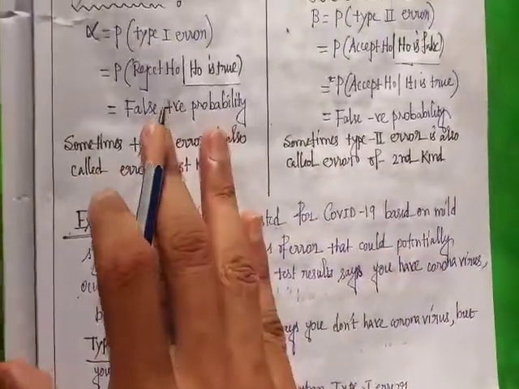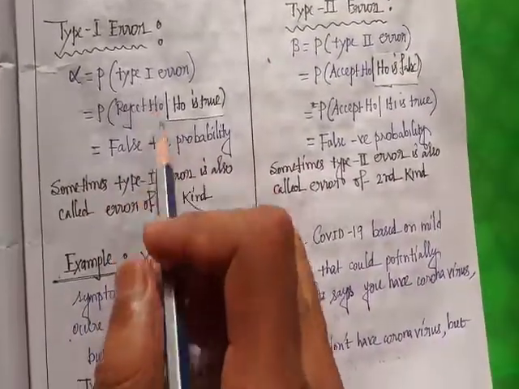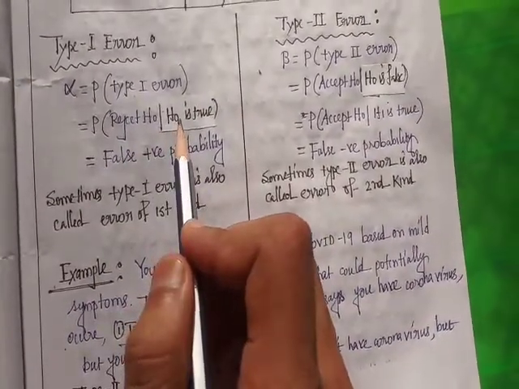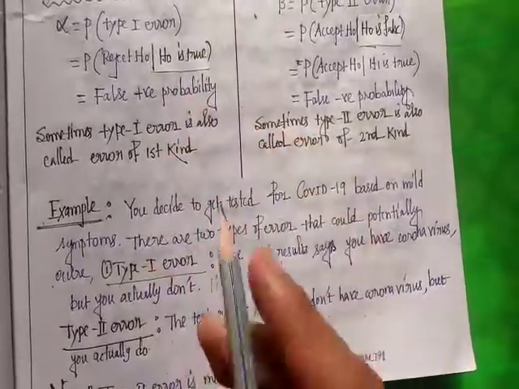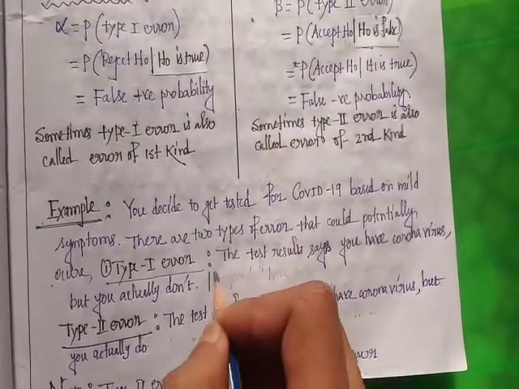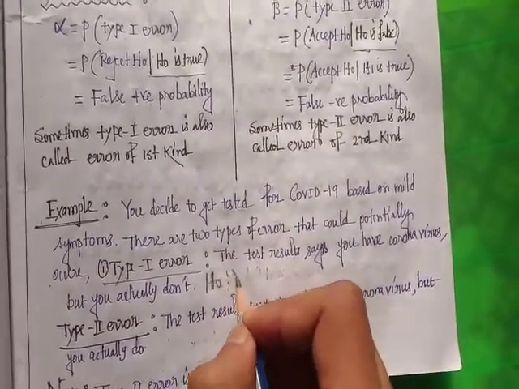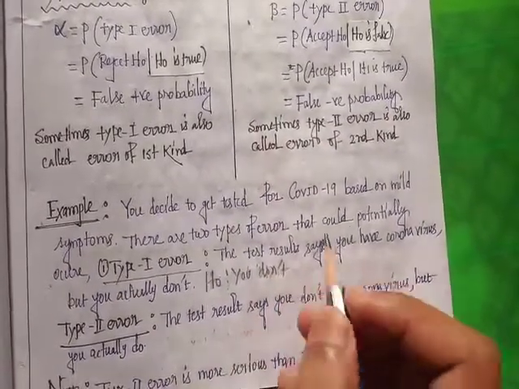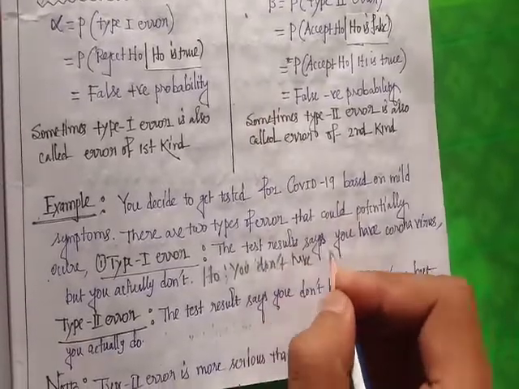Type 1 error means reject H0 when H0 is true.